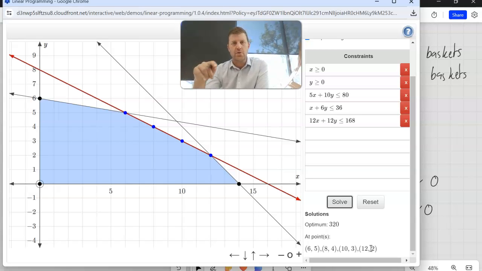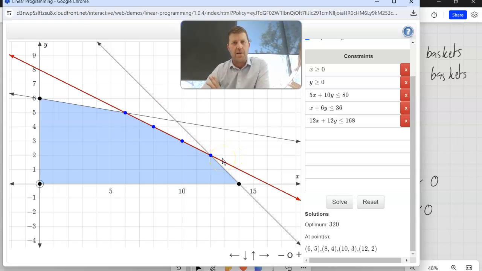Now, one thing I do also want to point out is that I have said previously our optimal solution occurs at the vertices or the corner points of this simplex, or this feasible region. These 2 points here are not on the vertices. This is where you may find an exception to the problem.